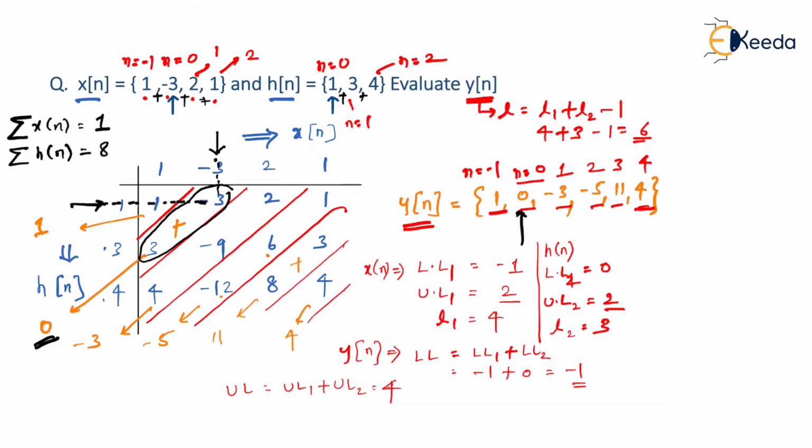Now the property says that if you multiply these two, then you will get summation of y of n. Let us see. This is your y of n. Just go on adding. 1 plus 0, 1. 1 minus 3, minus 2. Minus 2 minus 5, minus 7. Minus 7 plus 11 plus 4, it is simply 8. So see, this property is also working.